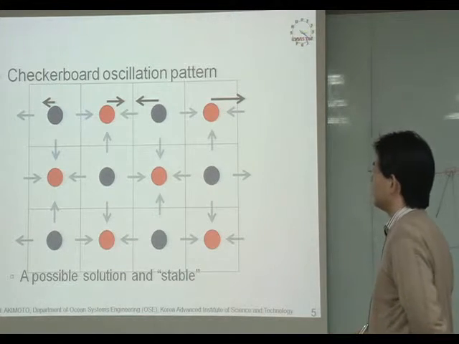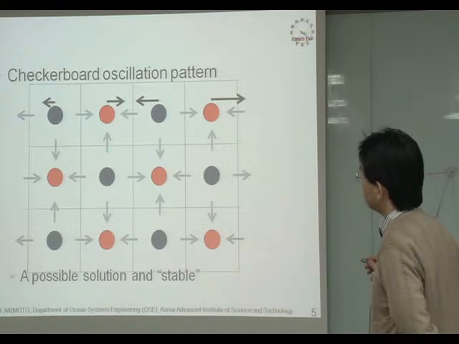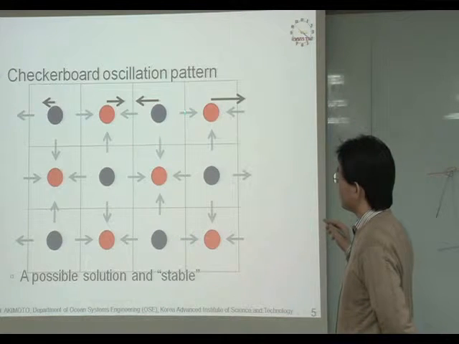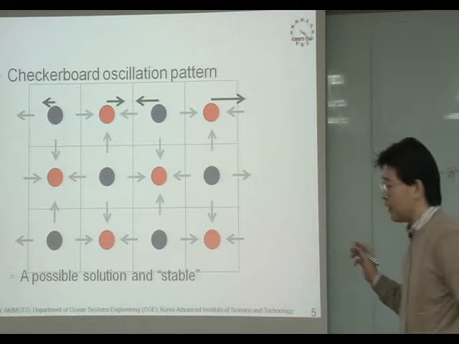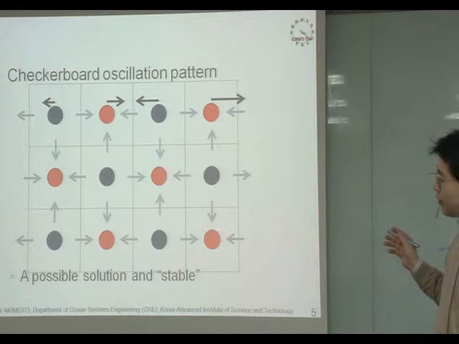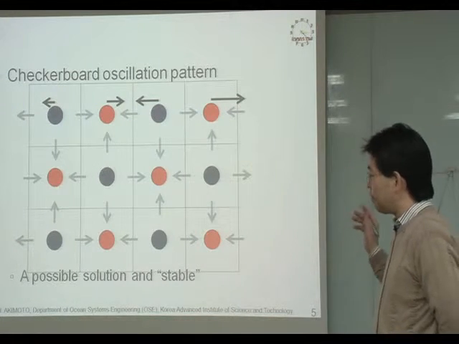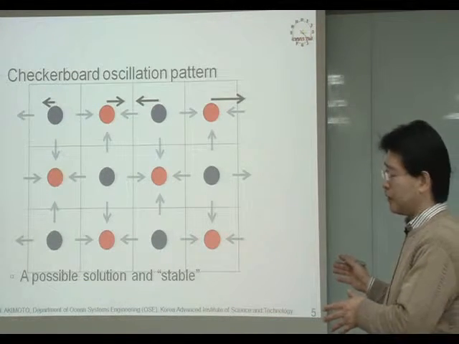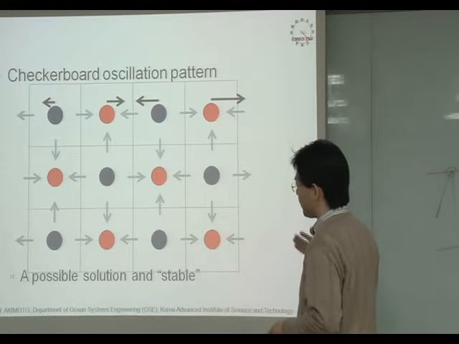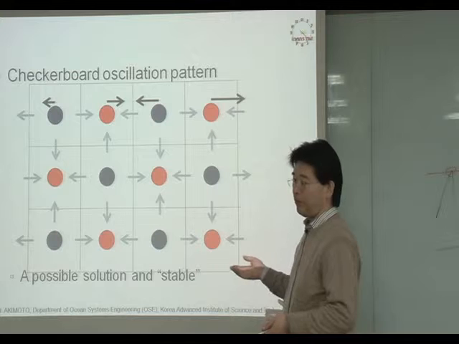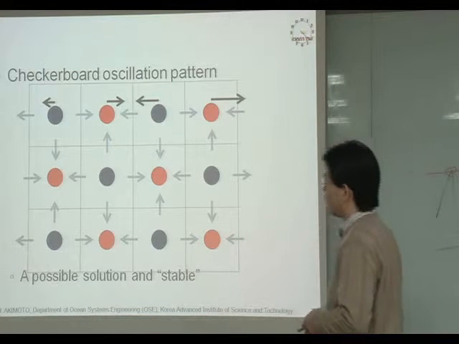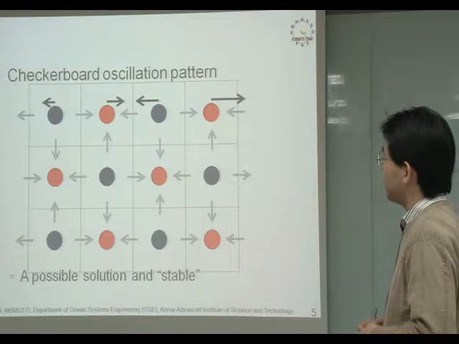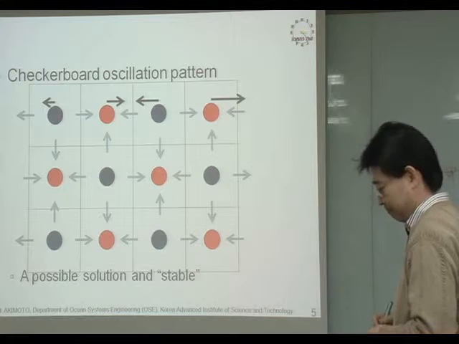So this pattern is unnatural, but it is a possible solution of this collocated mesh. This pattern is possible, so it will be stable in the simulation. So we have to avoid this simulation pattern.